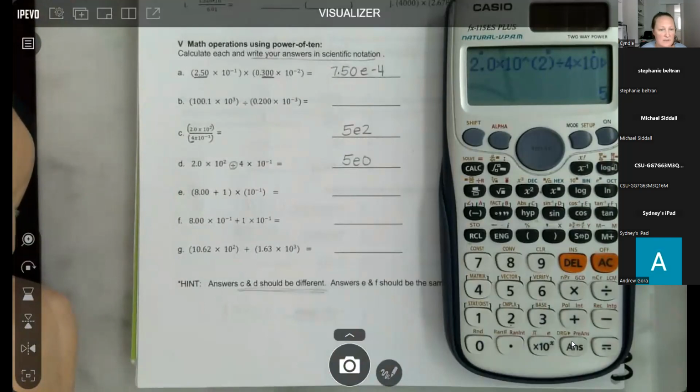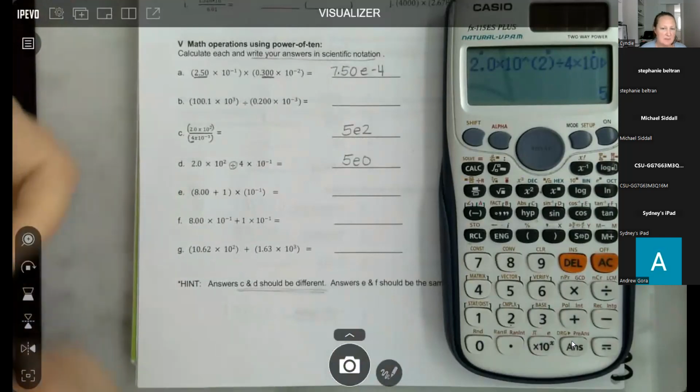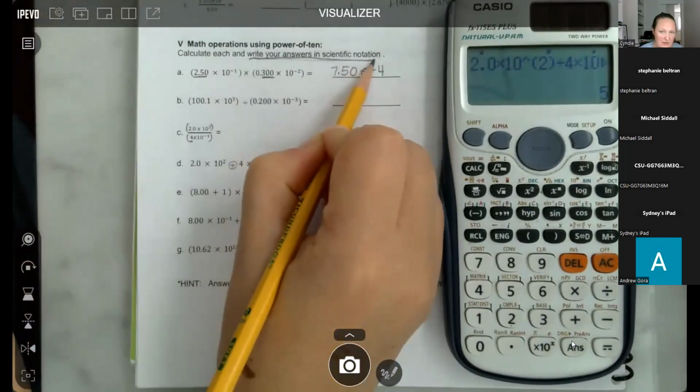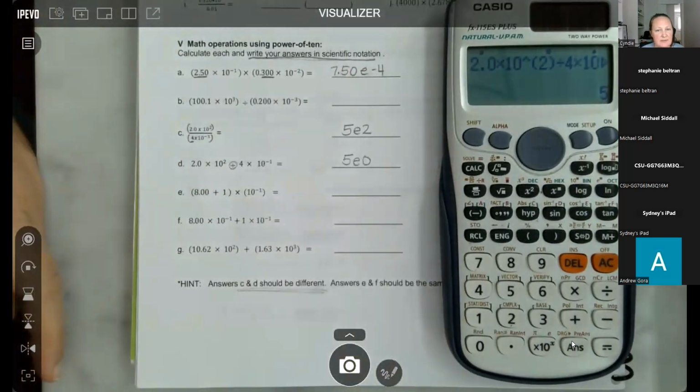For D, I just want to make sure, so if it's a single digit, we always do want to put e to the 0? We couldn't just put 5? Yeah, you can put 5. I did that because it says write your answer in scientific notation. Understood. Yep. So it specifically said to do it.